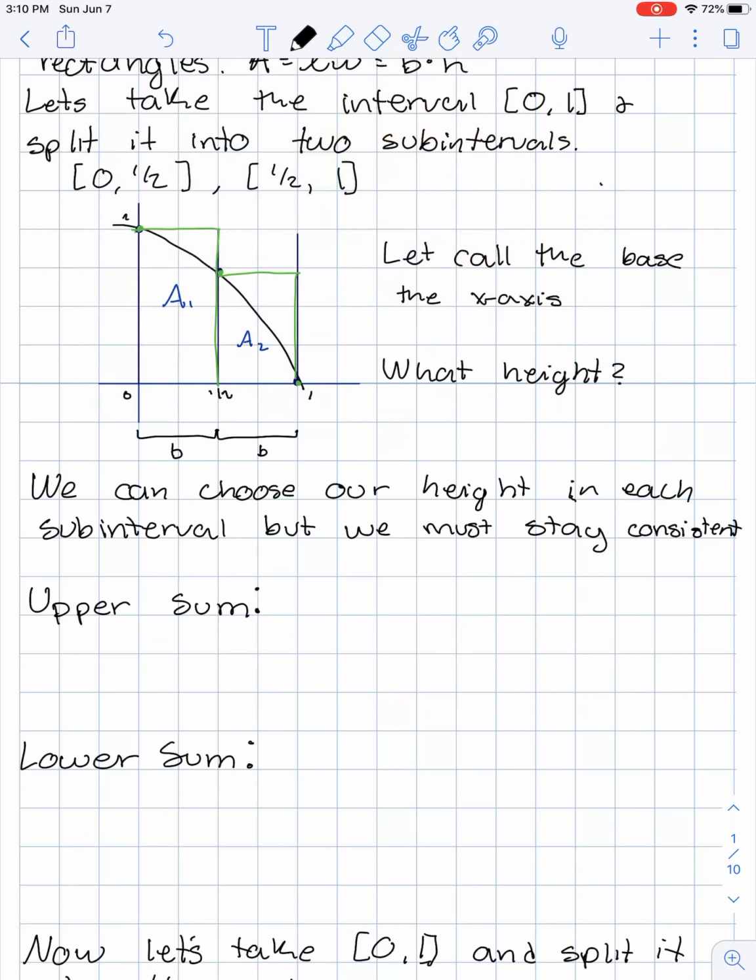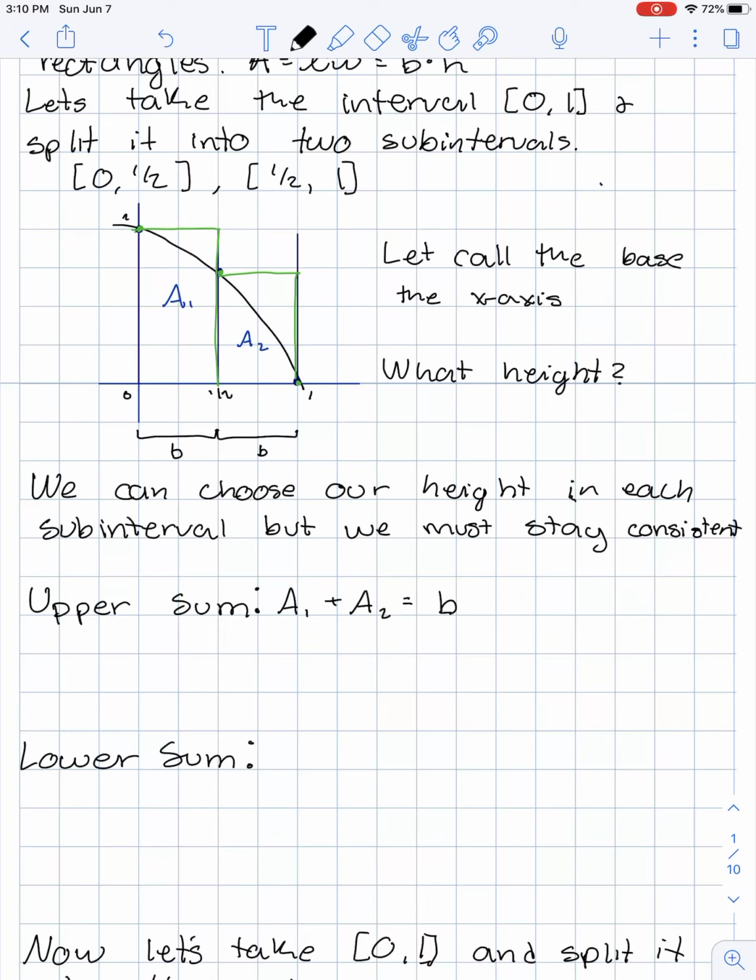So I can write that out. My notes are on the right page. There we go, okay. So the area of the first one plus the area of the second one is going to be our base times our height.